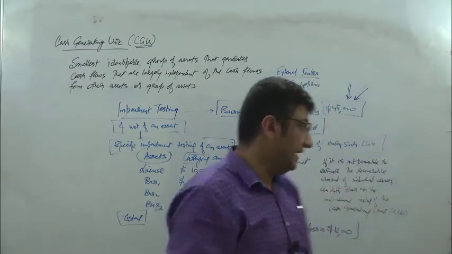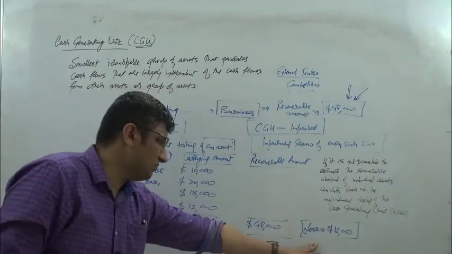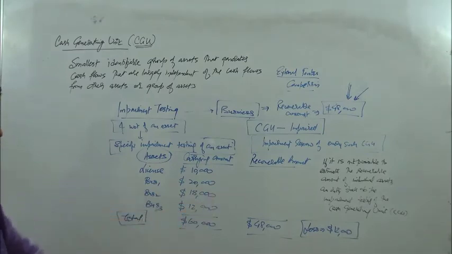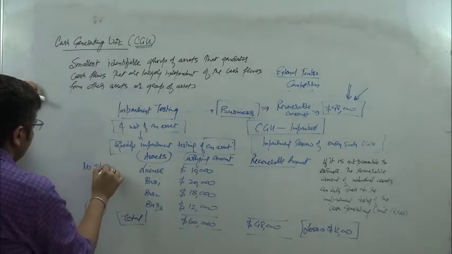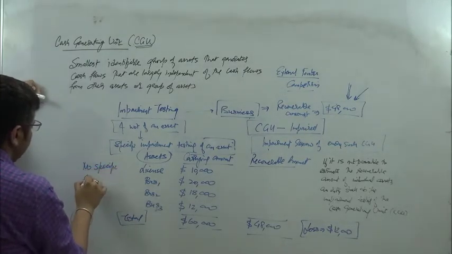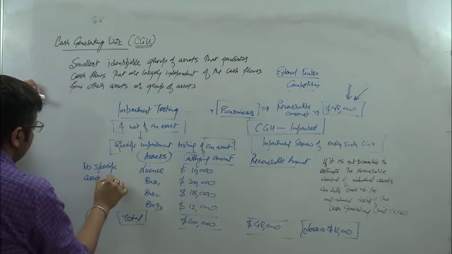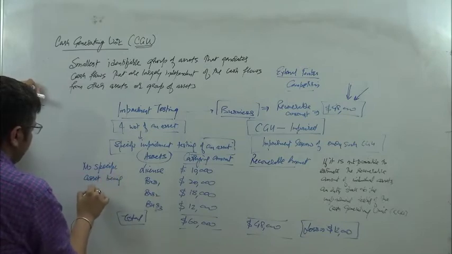Okay, so when I say I need to book a loss of 12,000, very quickly and without getting much into detail, we are saying that there is no specific asset being impaired.